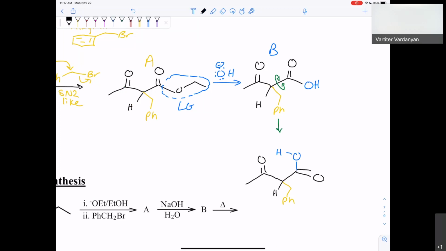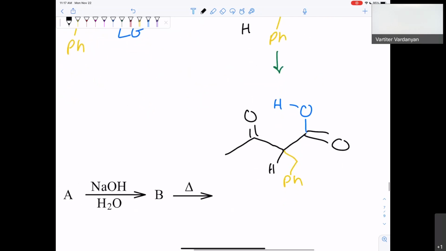All right. So now the actual decarboxylation part of this. So what can happen when we have a double bonded O and an H right next to each other? They could share the hydrogen, and what do we call that? What kind of bond is that? A hydrogen bond. Cool.